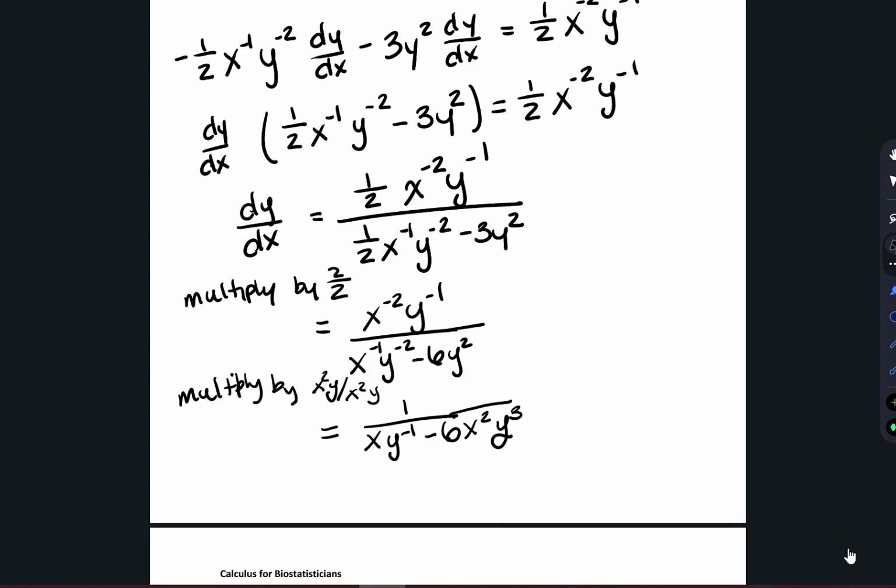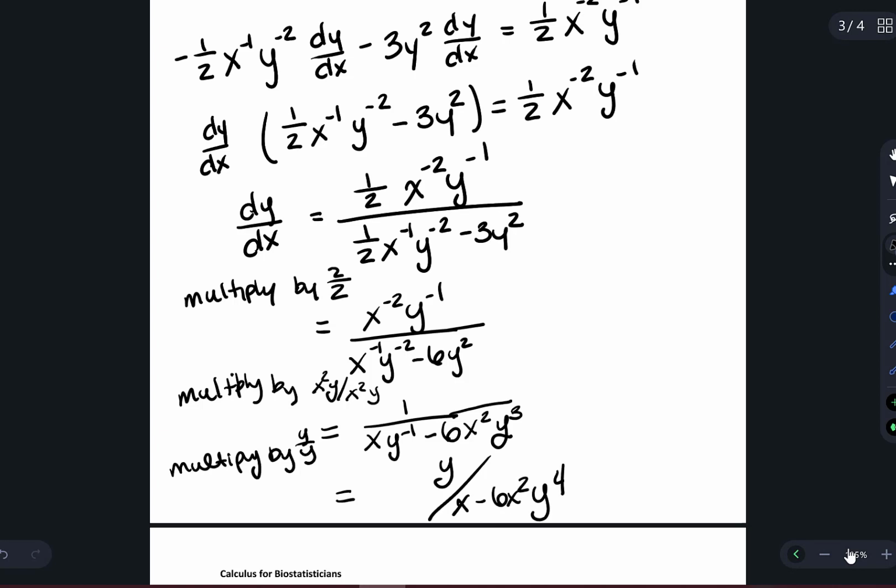And then last, I want to get rid of this y to the minus 1, so I'm going to multiply by y over y, and if I do that, I'm going to end up with y in the numerator, and in the denominator I'm going to have x minus 6x squared y to the 4th.